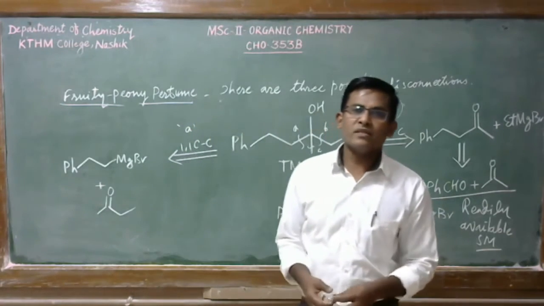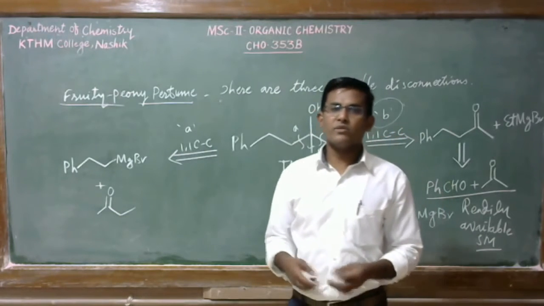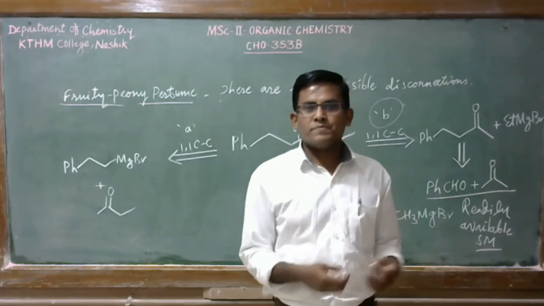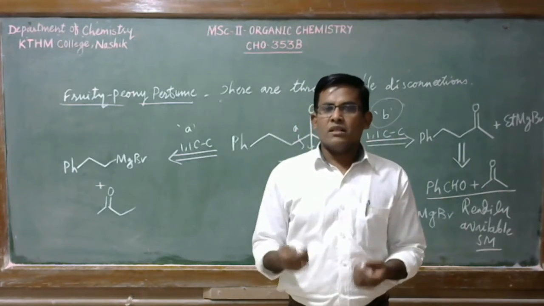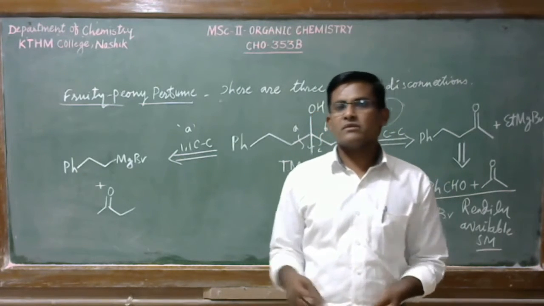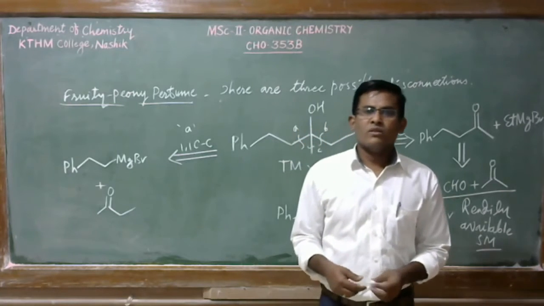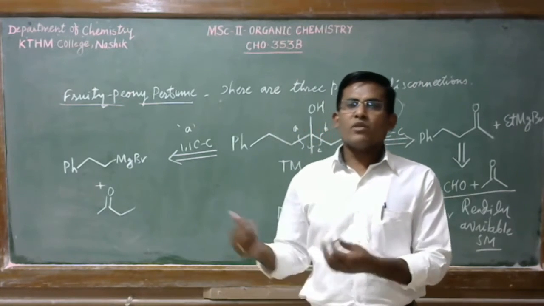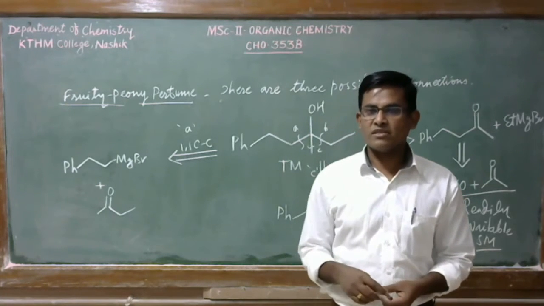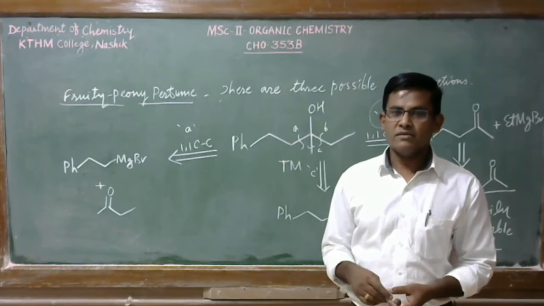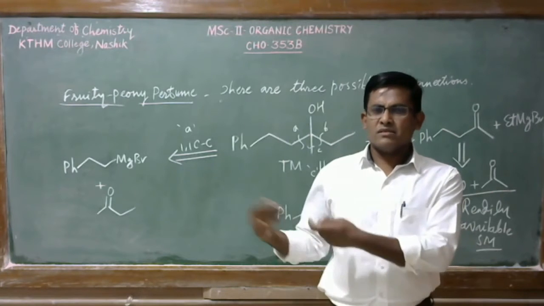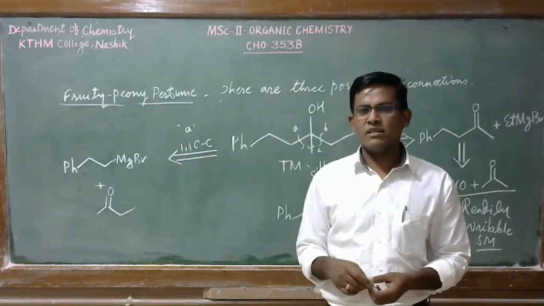So when you do retrosynthetic analysis, we should think about readily available starting materials. There are various available starting materials. In general, compounds having 6 carbon atoms and 1 functional group, for example alcohol, aldehyde, acid, amine and alkyl halides, are usually available.